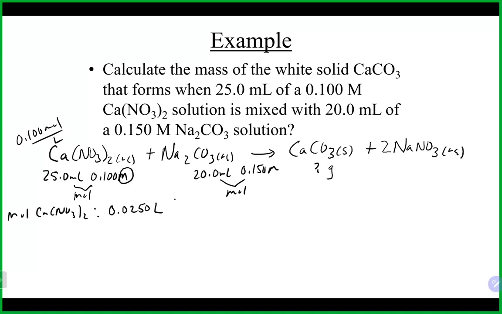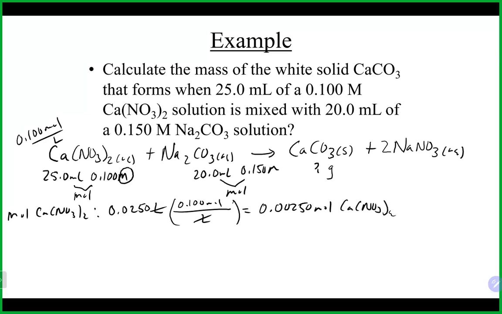And I'm going to multiply it in this case. So we'll go 0.1 moles per liter here. Liters are going to cancel, and that will get us 0.025 times 0.1, 0.0025 moles of calcium nitrate.